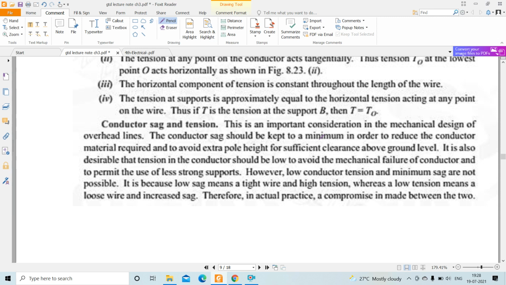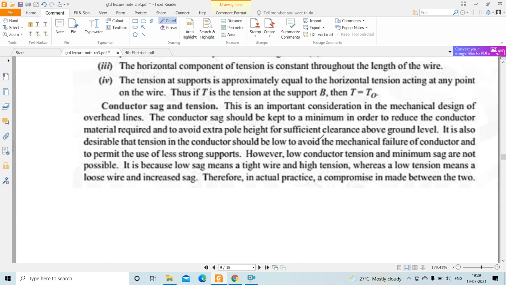However, lower conductor tension and minimum sag are not possible together. It is because low sag means a tight wire and high tension, and a low tension means a loose wire and increased sag. Therefore, in actual practice, a compromise is made between these two states.